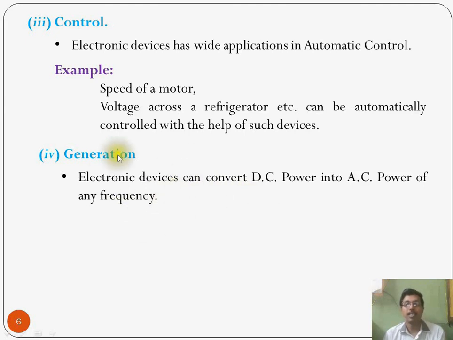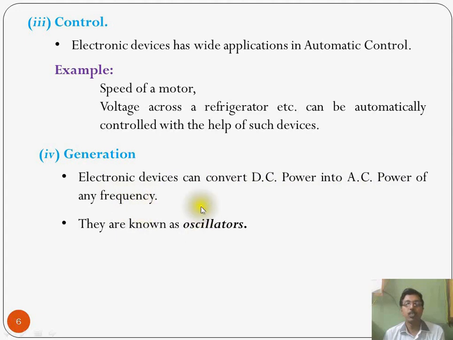With the help of these electronic devices, we are able to convert DC power into AC power of any frequency. This way, we can generate different kinds of signals, by converting DC power into AC power at any frequencies.